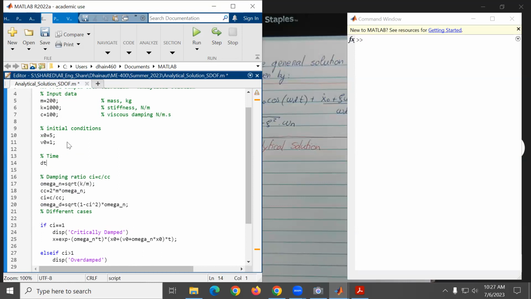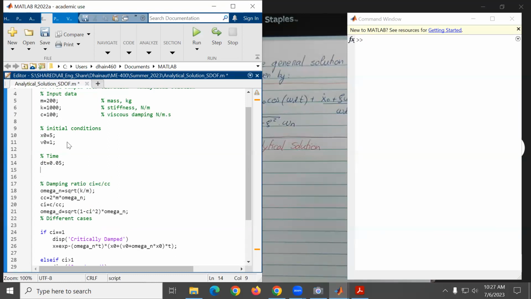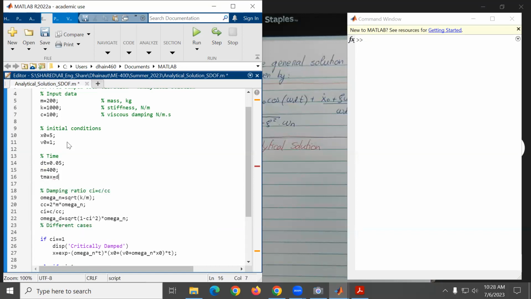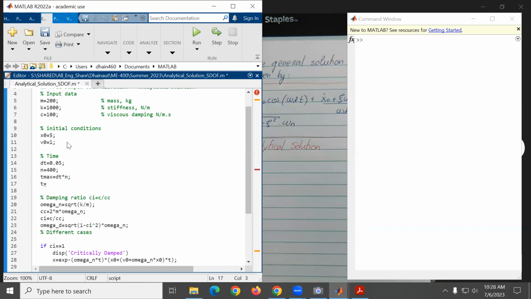Let's say I'm going to call dt here. Let's say 0.05. That would be the time integration. Let's say and the number of steps. And this is the reason why I'm doing this. You will see later. It's not needed for this. So T max will be basically dt times n. That will be the total amount of time. So that t would be equal to simply a vector that will go from 0 to dt to T max. So hopefully that will work.